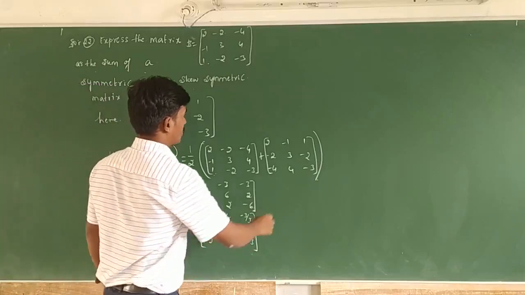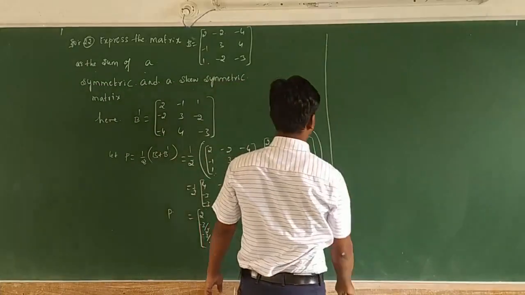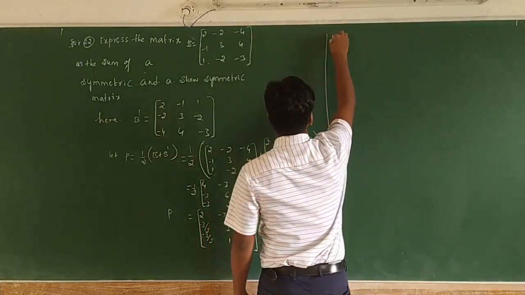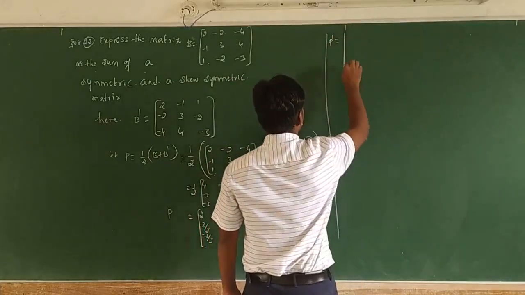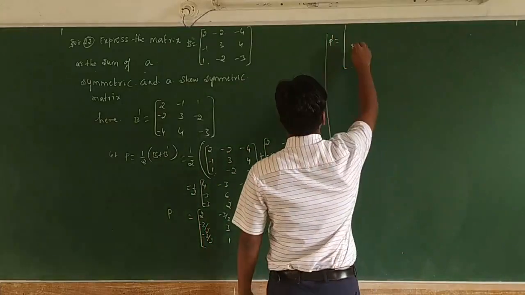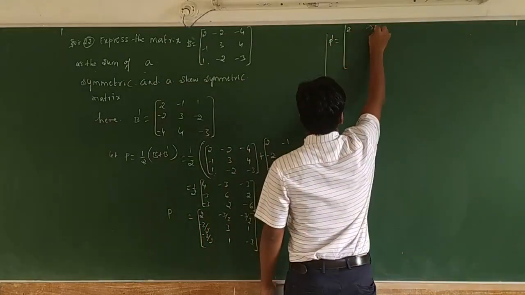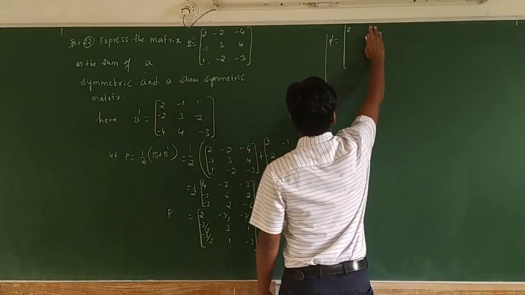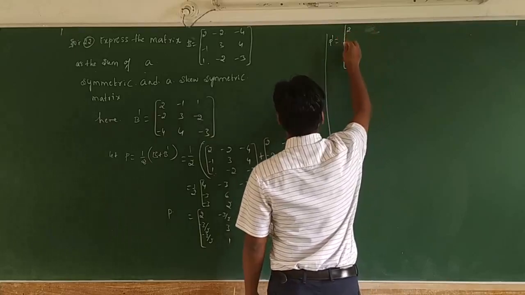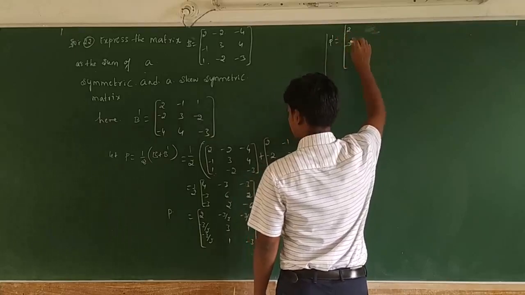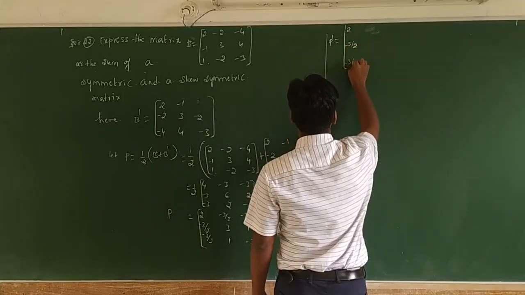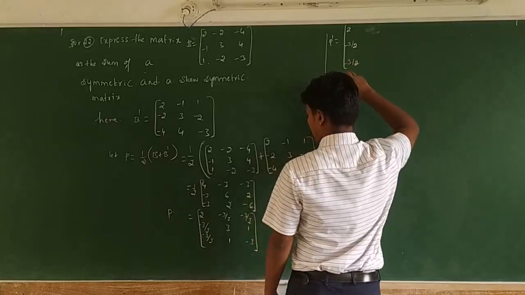Here I am applying transpose to this matrix. What we get? P transpose equals, again, interchange of rows and columns. Here 2, minus 3 by 2, minus 3 by 2; rows become columns.